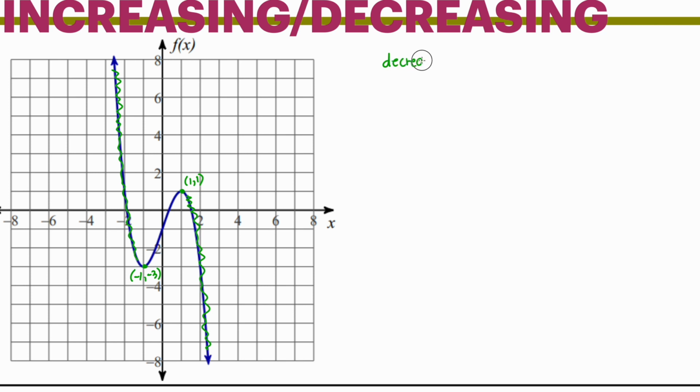So decreasing is going to be from -infinity to -1, remember, x value, and then from 1 to infinity. Increasing is where the graph is going up, and so increasing is happening from -1 to 1.